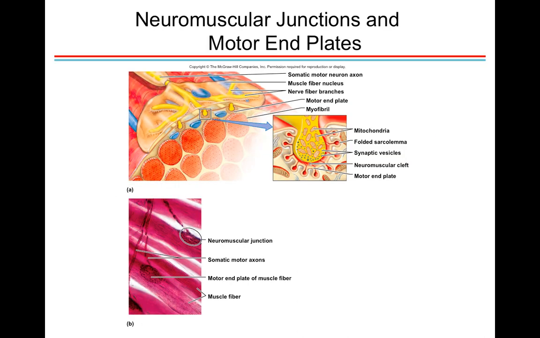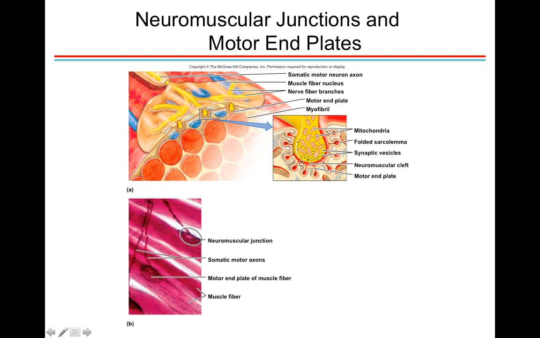So how do muscle cells contract? The nervous system, the somatic nervous system, which is controlled by conscious effort to move parts of our body, has these motor end plates. So the nerve will have a motor end plate on the muscle, and then it will be secreting neurotransmitter. So this is the presynaptic neuron, and then this is the muscle cell, which is going to receive the neurotransmitter.